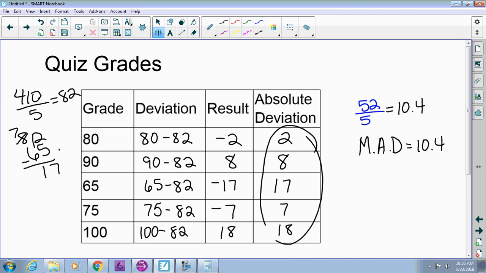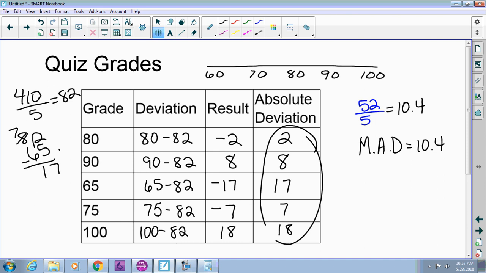So what that's saying is, if this test were given out of 100 points, I can draw a picture here to help you visualize this. Maybe I'll start at 60, 70, 80, 90, and 100.